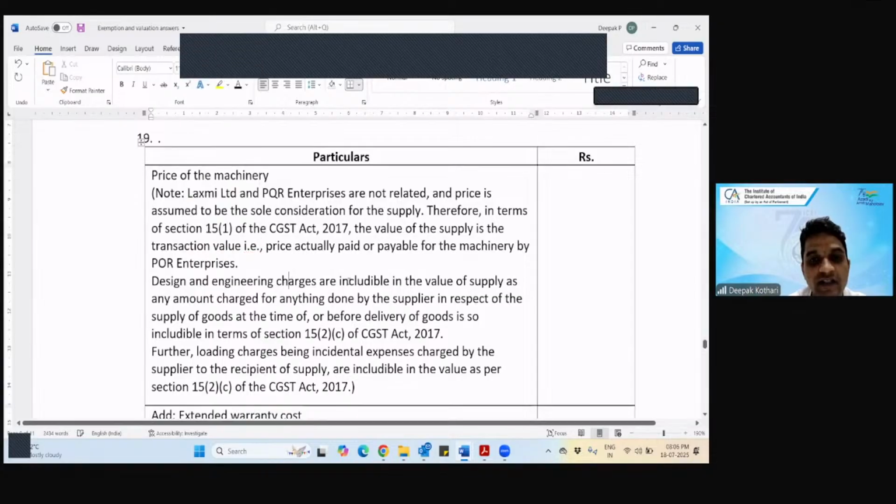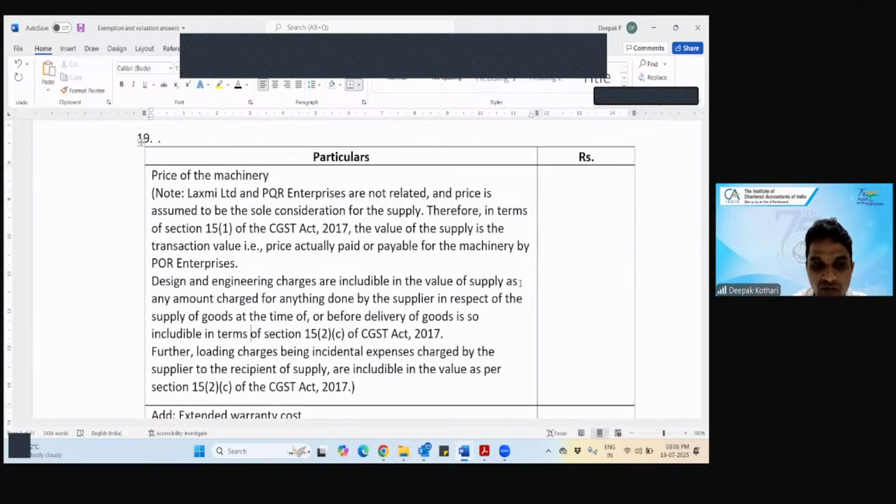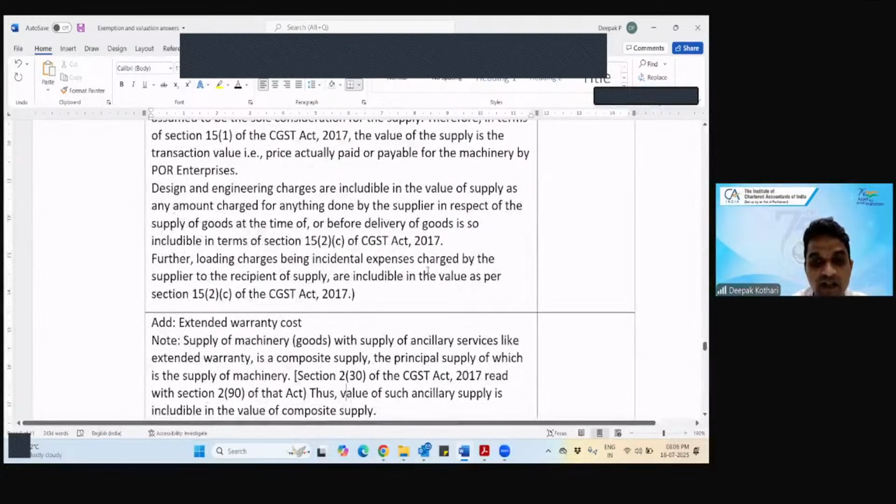Design and engineering charges are includable in the value of supply, as any amount charged for anything done by the supplier in respect of the supply of goods at the time of or before the delivery of the goods is includable in terms of section 15(2). Further, loading charges, being incidental expenses charged by the supplier to the recipient, are includable in the value as per section 15(2)(c) of the CGST Act.